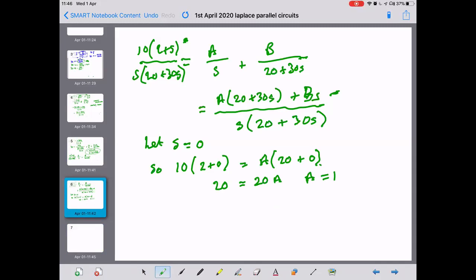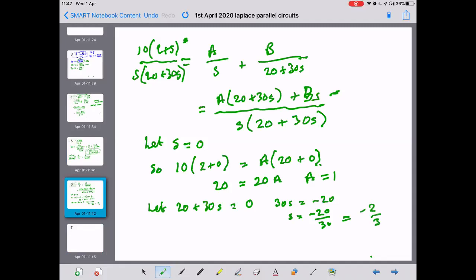And then we need to let 20 plus 30s equal 0, because if we do that, 30s is equal to minus 20. s is equal to minus 20 over 30, equals minus 2 over 3.